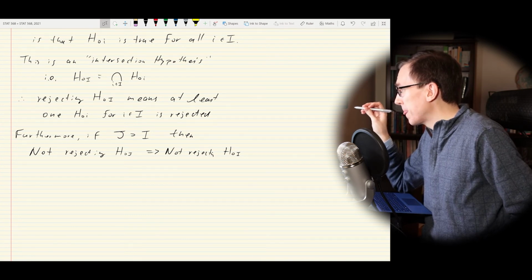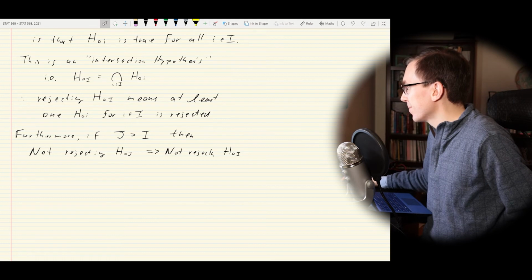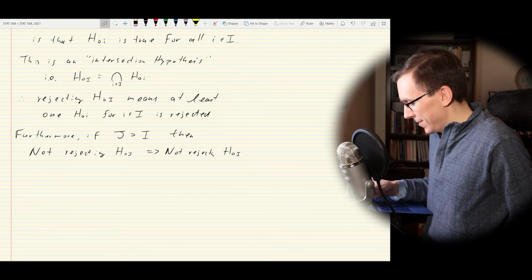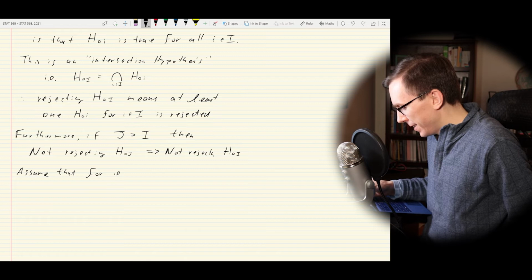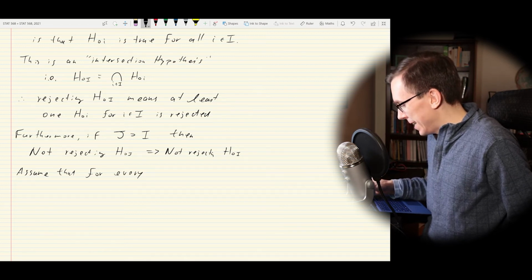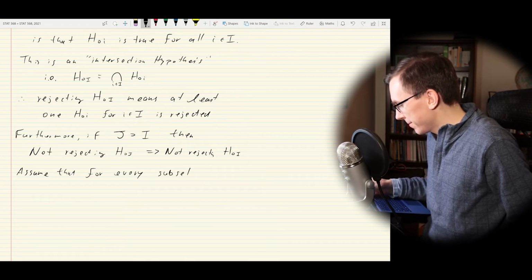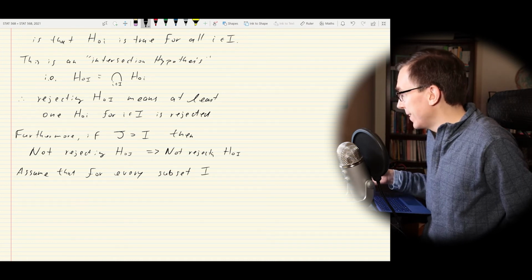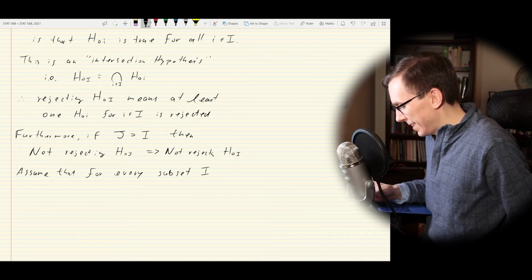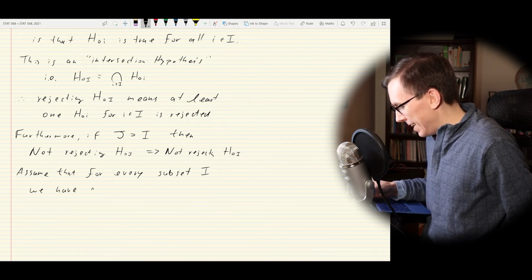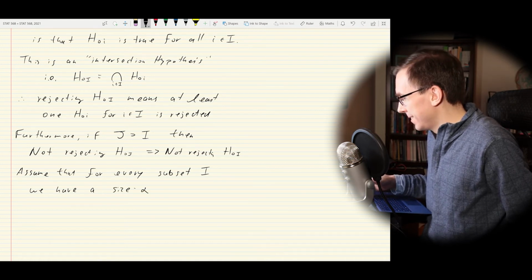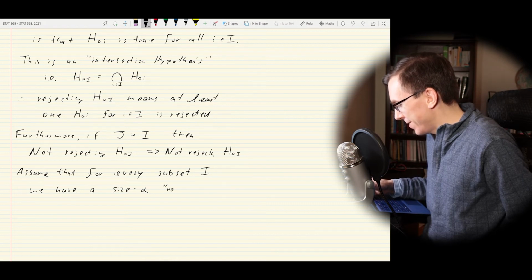All right, so now the claim is that we assume that for every subset I of indexes, we have a, I'm going to say size alpha or level alpha, non-randomized test function.